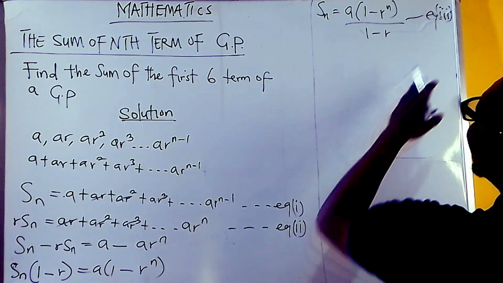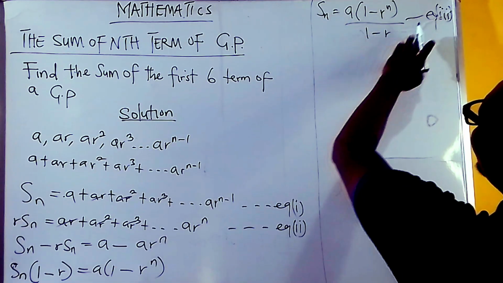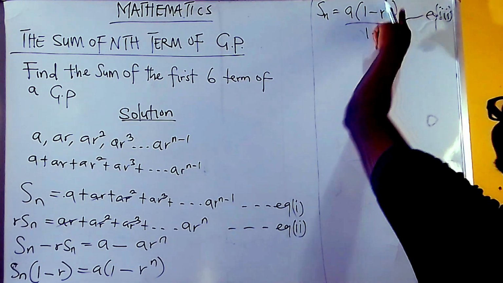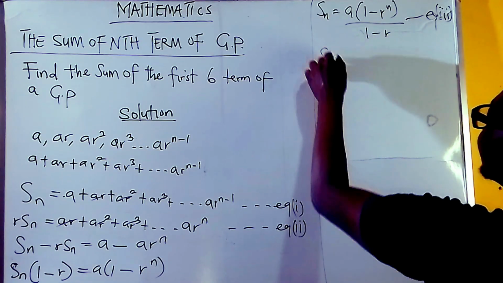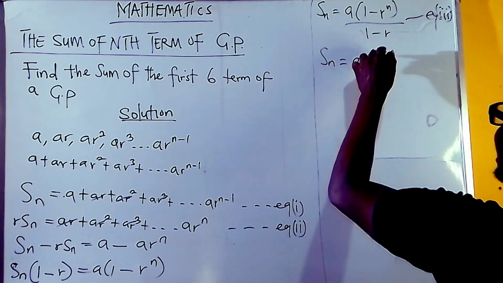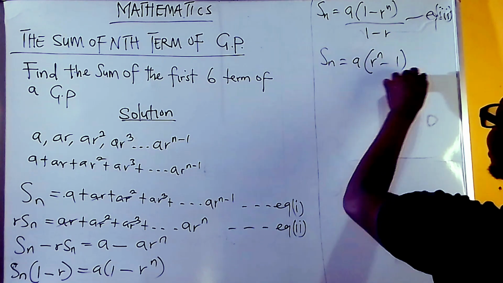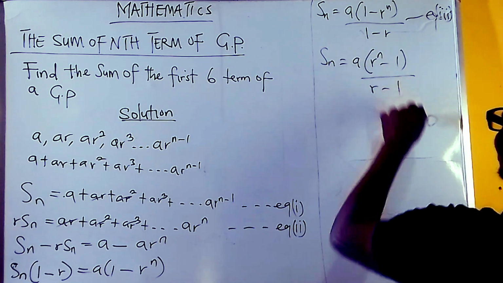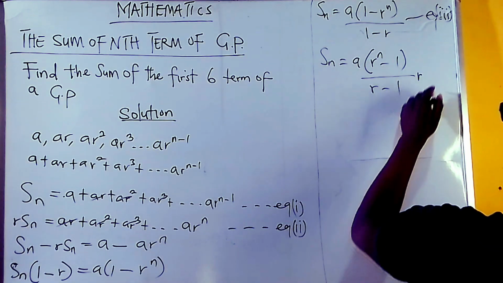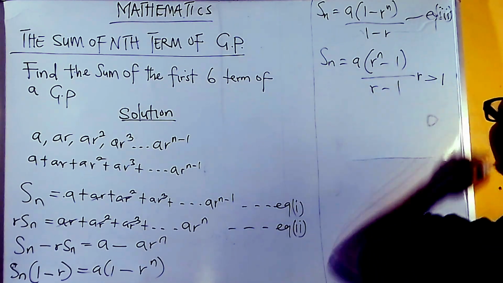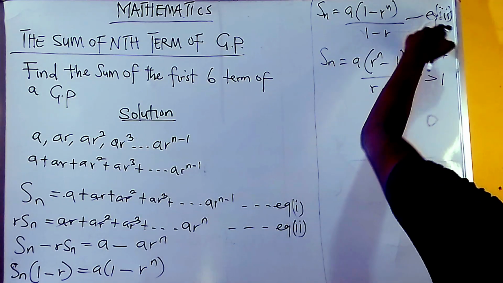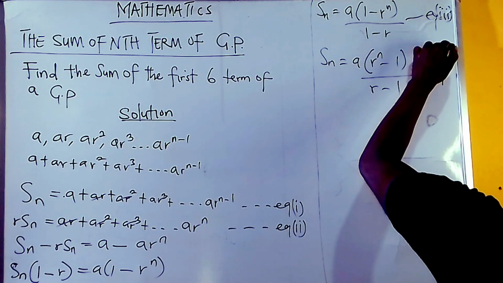So we can multiply minus 1 all through here, to the numerator and the denominator. We now have Sn equal to a into r^n minus 1 over r minus 1. So here, your r has to be greater than 1. Because this is equation 4.